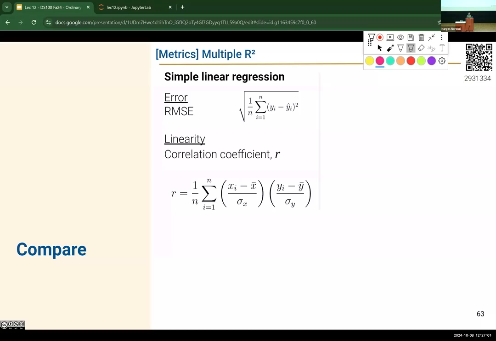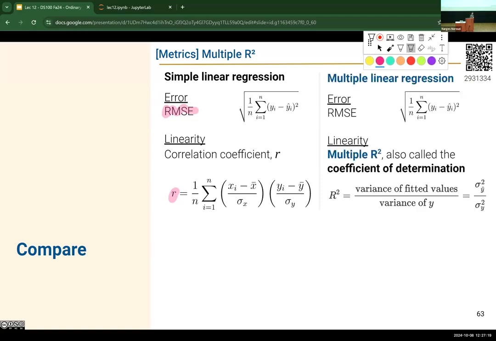We also calculated root mean squared error in order to evaluate models last time with simple linear regression and the constant model. We also looked at the correlation in order to measure whether the feature is linearly related to the target value that we have. In multiple linear regression, what we'll use is the coefficient of determination, which is a fraction: the variance of the fitted values divided by the variance of the ground truth values.